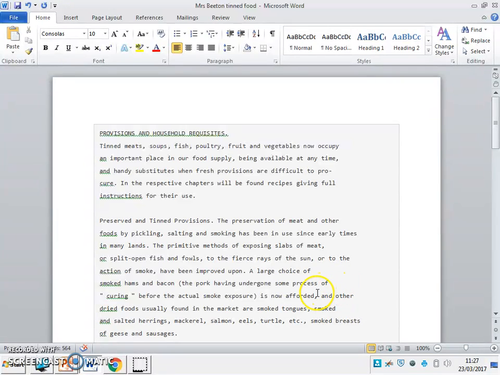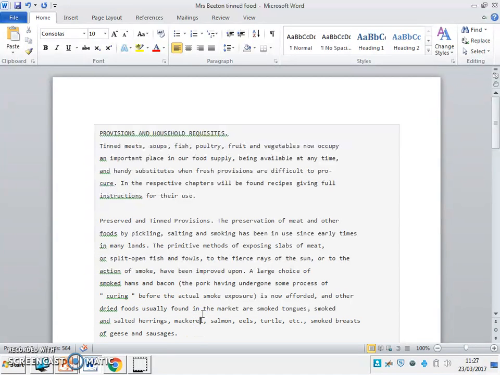Now there's lots of other little phrases here, like is now afforded. Do you need to know what that means? Not really. You can work it out. If you can afford something, you can get hold of it. So you can get hold of it, and there's a large choice and a large list of meats that are smoked.